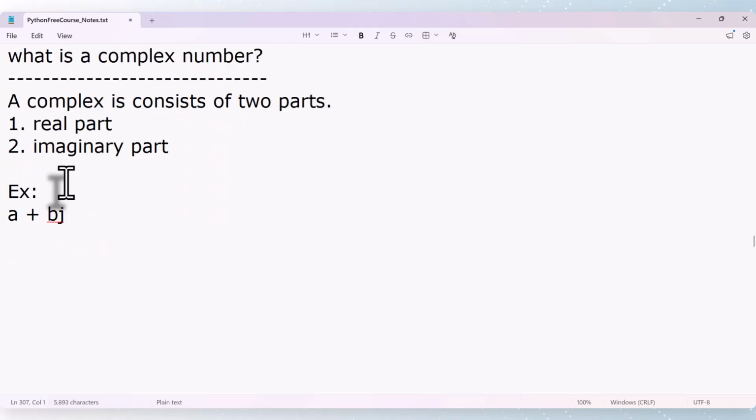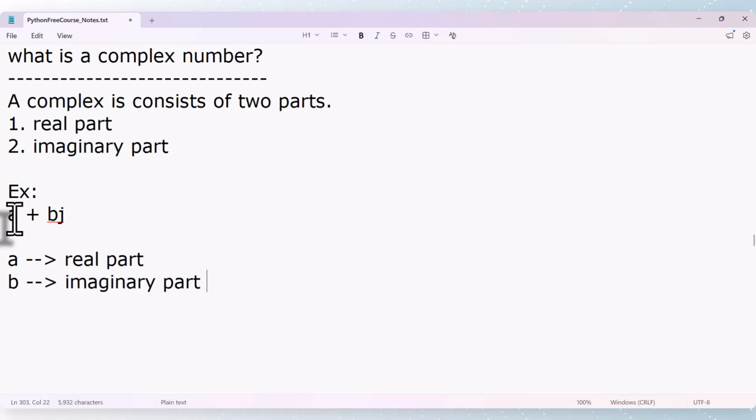In Python, any number in the form a plus bj is a complex number. Here a is the real part of that number, b is the imaginary part of that number, and j is the imaginary unit.